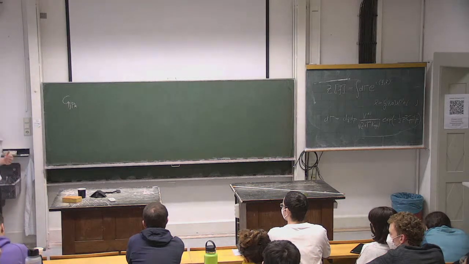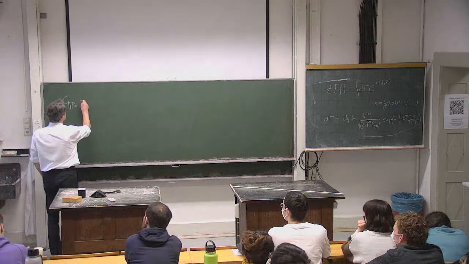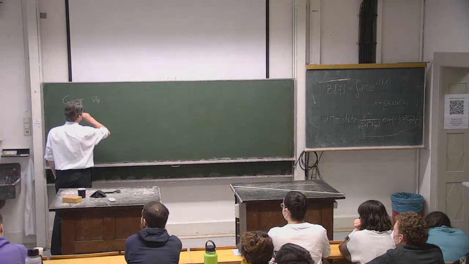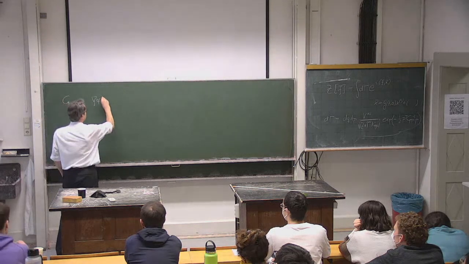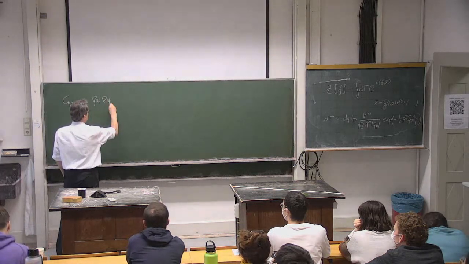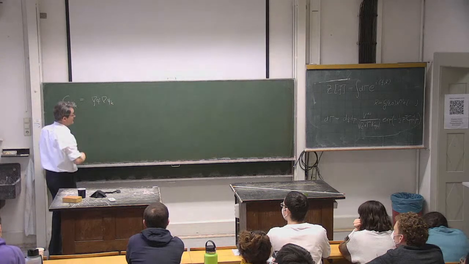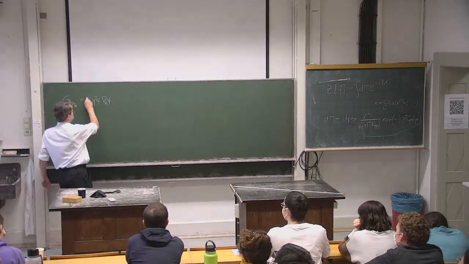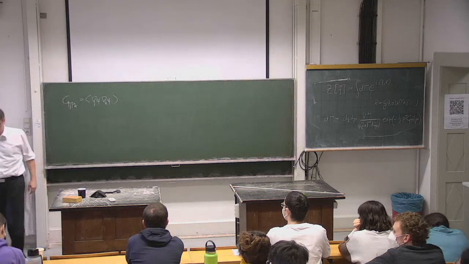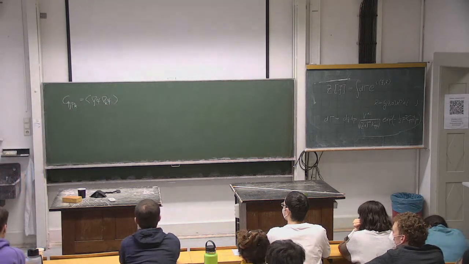We saw how we would calculate this. So this would be the gradient of the velocity potential taken at position J times the gradient of the velocity potential taken at position K, averaged over realizations.